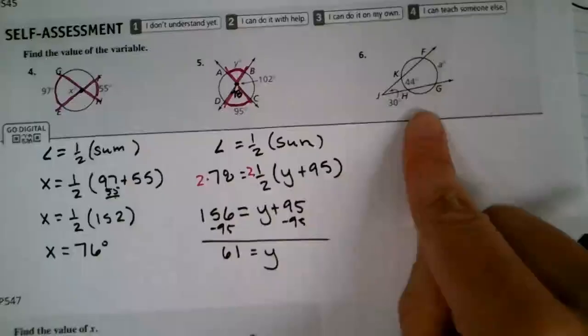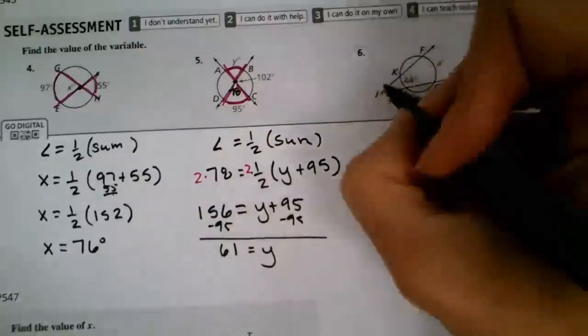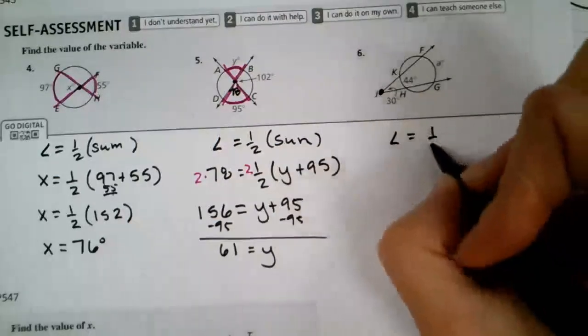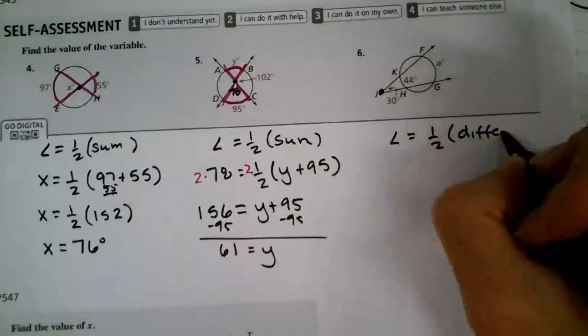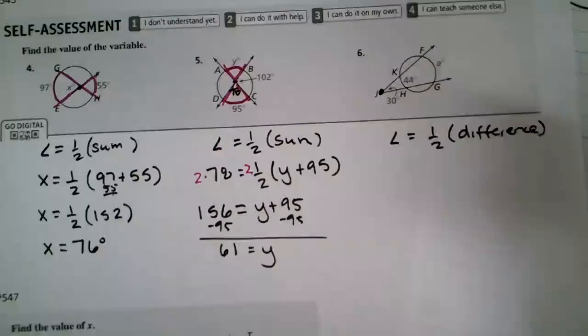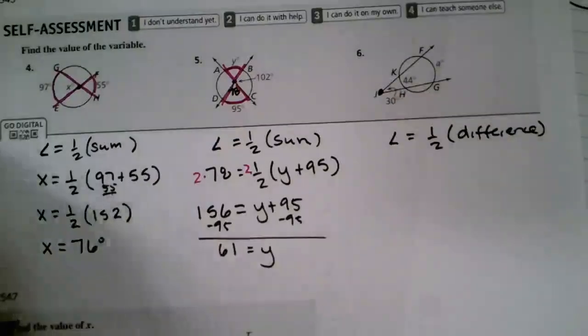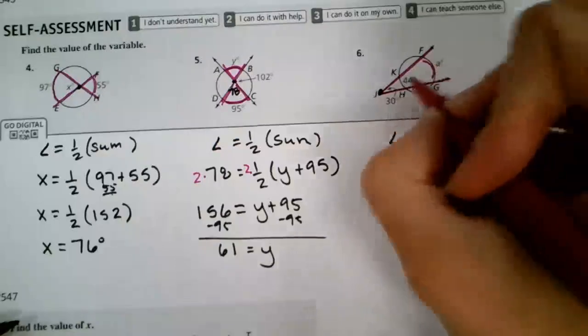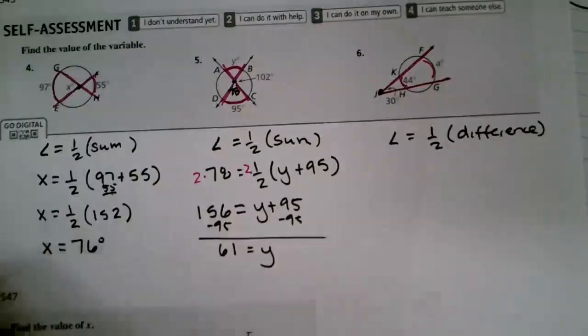Okay, this last example, the vertex is outside the circle, so our formula for that was the angle is half of the difference, and we want to do the big one minus the little one. So if I focus on these arcs, big arc is A, little arc is 44.